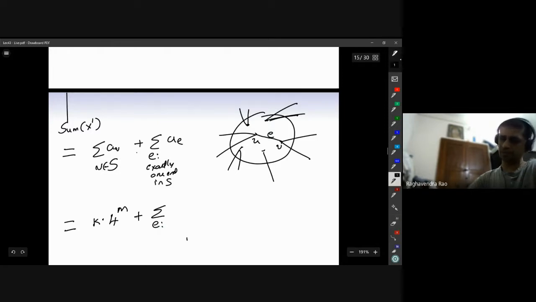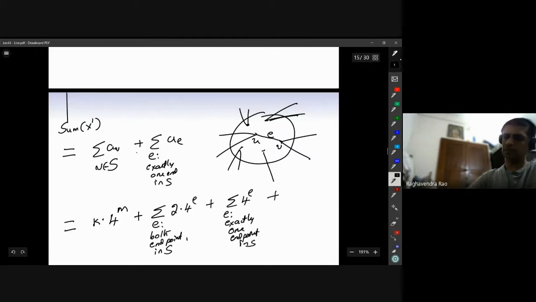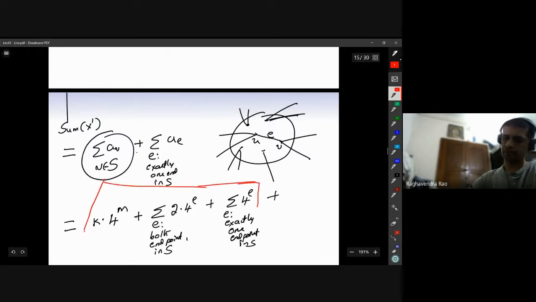Okay. So what we have is, for both endpoints in S, two into 4 to the e, plus 4 to the e for exactly one endpoint, plus this value. So this is the expansion of this here.